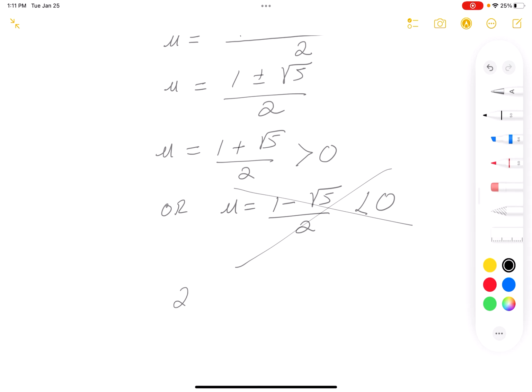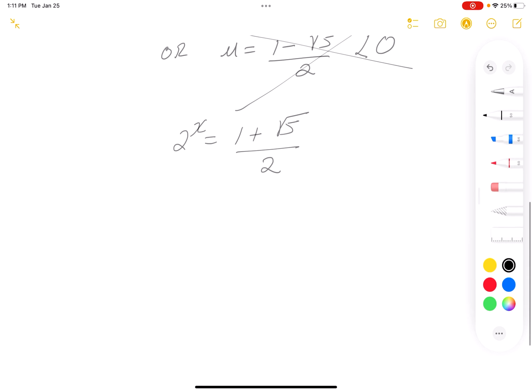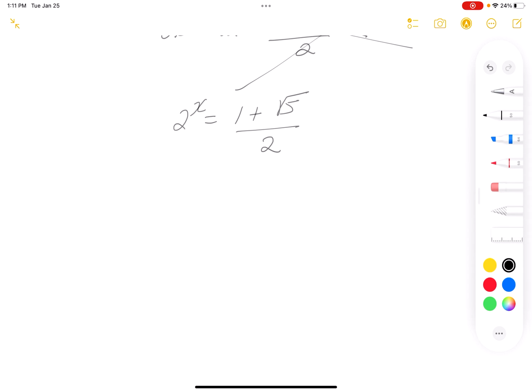So u is equal to 2 to the x, and 2 to the x is equal to 1 plus root 5 over 2. Now again, the question is solve for x. The way I'm going to do that, well, you're taught in Math 119, take the natural log of both sides, or any log you want, by the way. But I'm going to do natural log. So natural log of 2 to the x is equal to the natural log of 1 plus root 5 over 2.